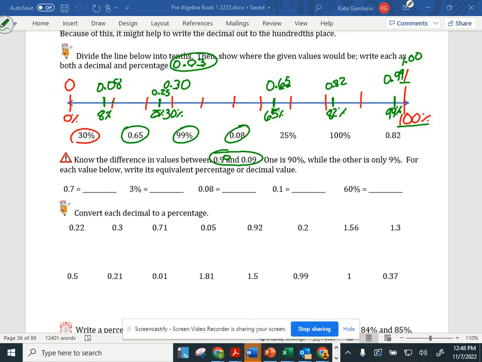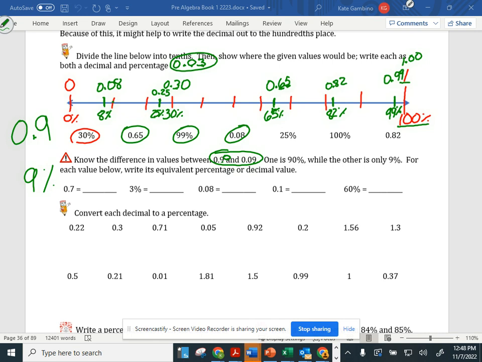Okay, so be careful that you're putting a 0 in the correct space. So when we want it to go out to the hundredths place, you fill in the empty hundredths place with your 0. Aiden, you have to have the 0 in front, you have to have 0 point. So when you're going to the decimal, no, you don't have to fill in the empty places with zeros. But when it helps is when we're going from a decimal to a percentage, because it's very easy to look at 0.9 and say, oh, that's 9%, because I see a 9.